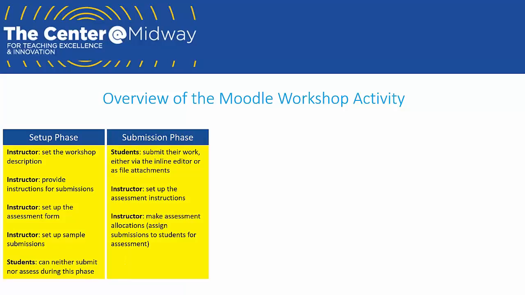The next phase of the Moodle Workshop activity, you have added all of that stuff and you push the activity to the submission phase. At this point, the students can submit their work. It looks just like any other activity submission that you've seen in Moodle.